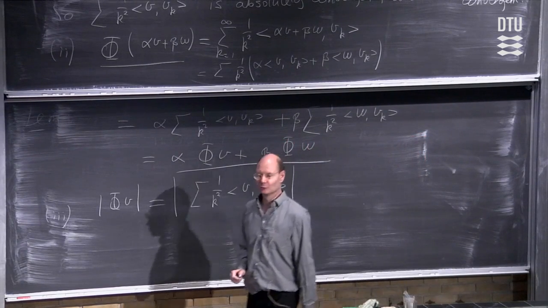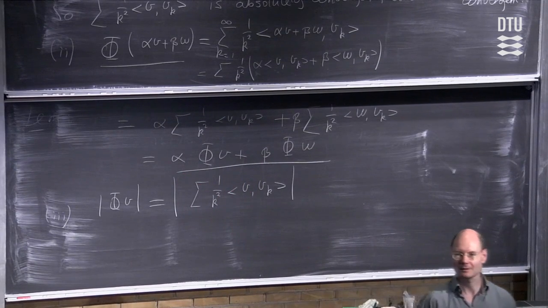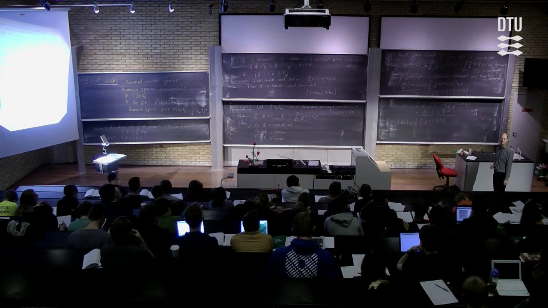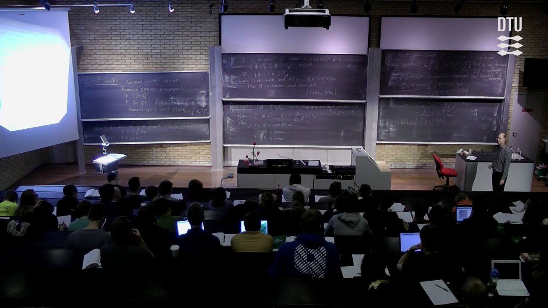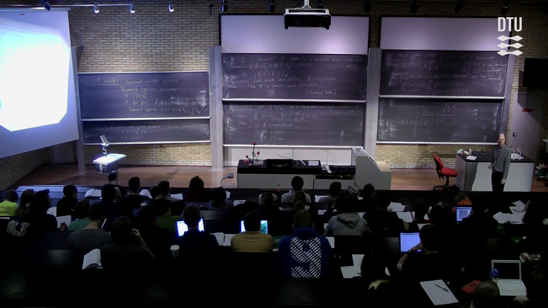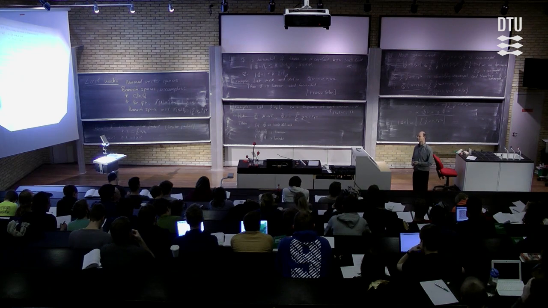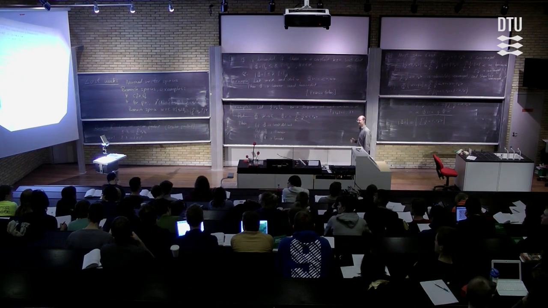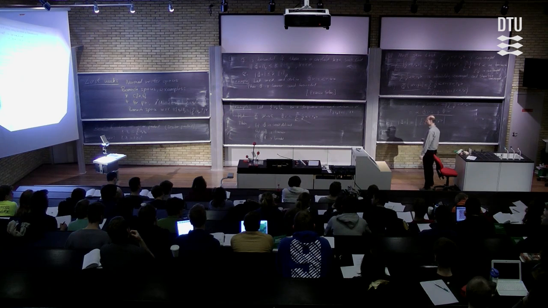So can any of you tell how can we proceed from here? Yeah, we can say that it's smaller than or equal to, one way could be to put the absolute value inside the sum.